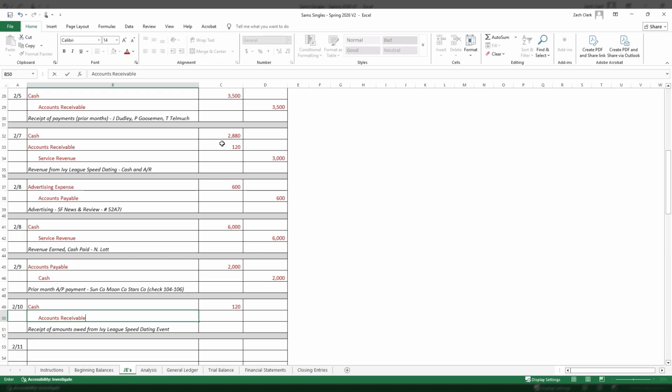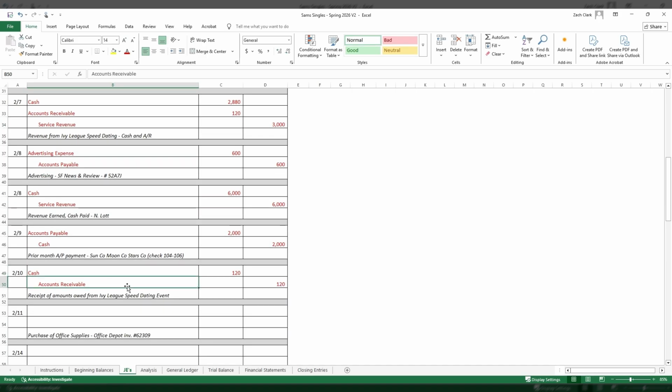And then accounts receivable. Here we can see the accounts receivable asset was increased to reflect the fact that we were going to receive the money. Here we are now receiving the money and receiving the cash, and we are reducing our accounts receivable balance to reflect the fact that we have now made that collection.